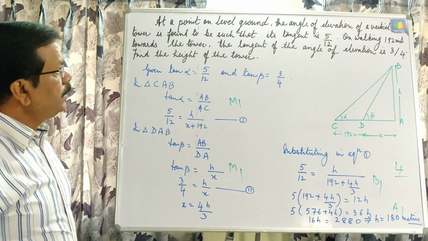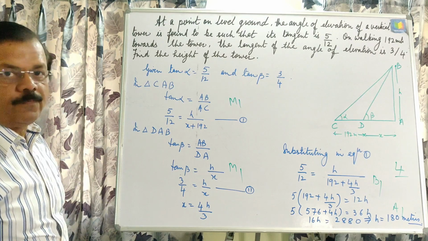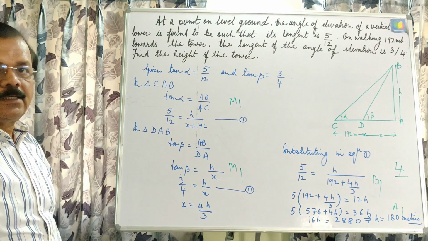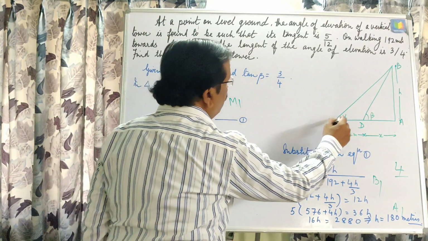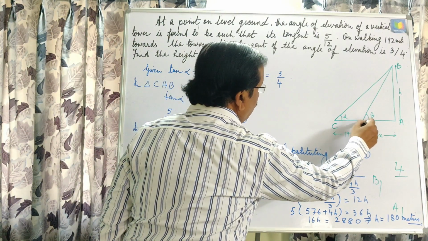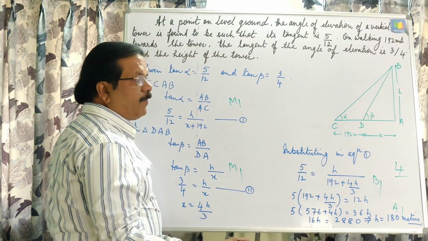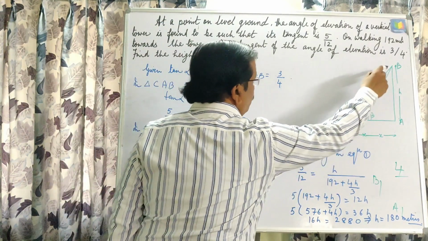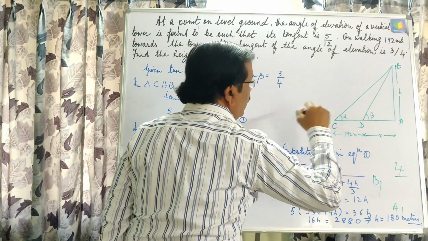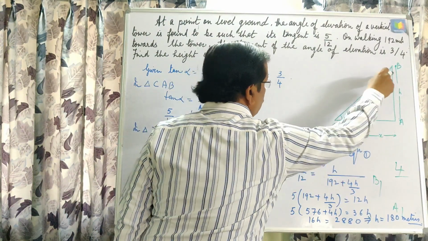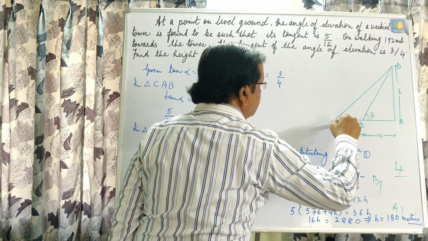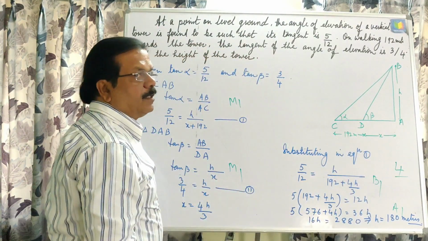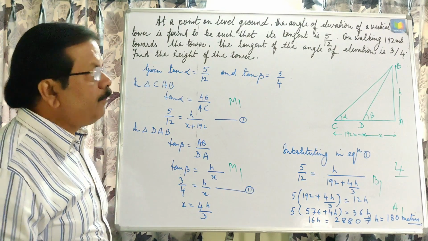In this question, you are given the value of this angle in the tangent form, that is, the ratio is given. Tan of this value is given, means that value will comprise perpendicular upon base, means tan alpha is equal to this upon this. So after writing AB and AC, this value we can compare with the value of tan alpha.